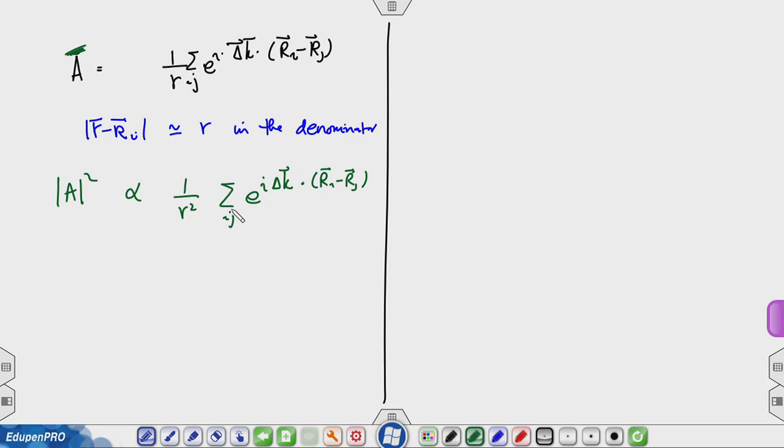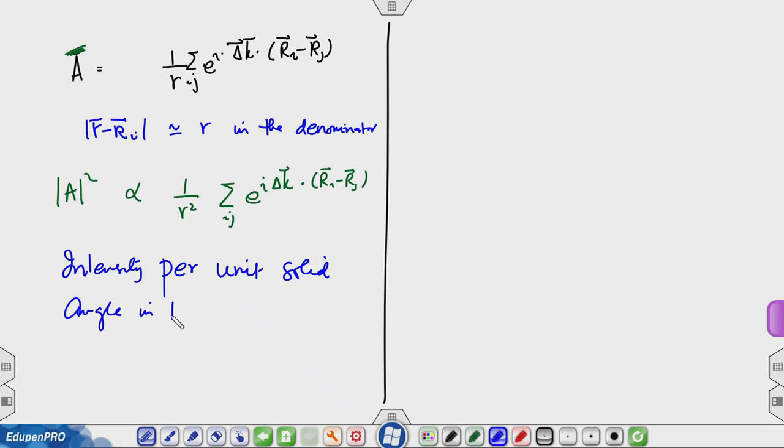So, this gives the intensity per unit solid angle in the direction k, which is equal to k_in plus delta k.